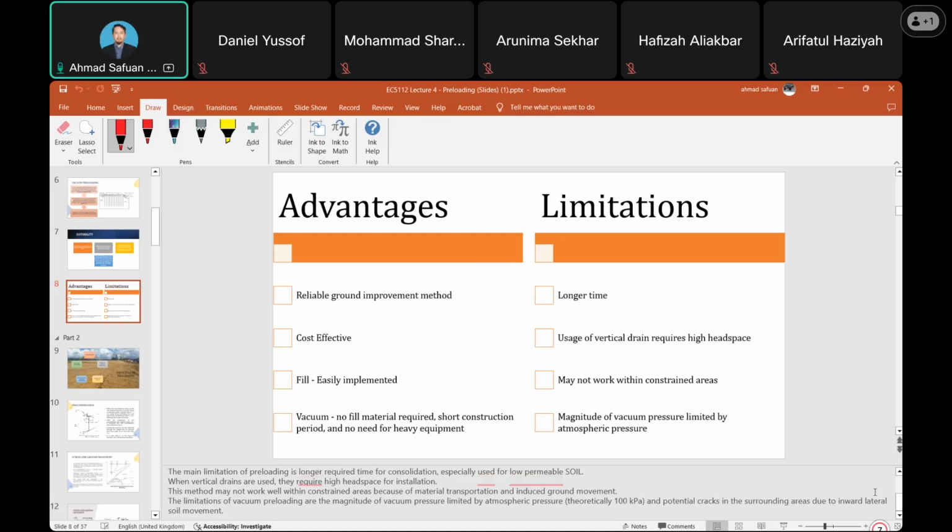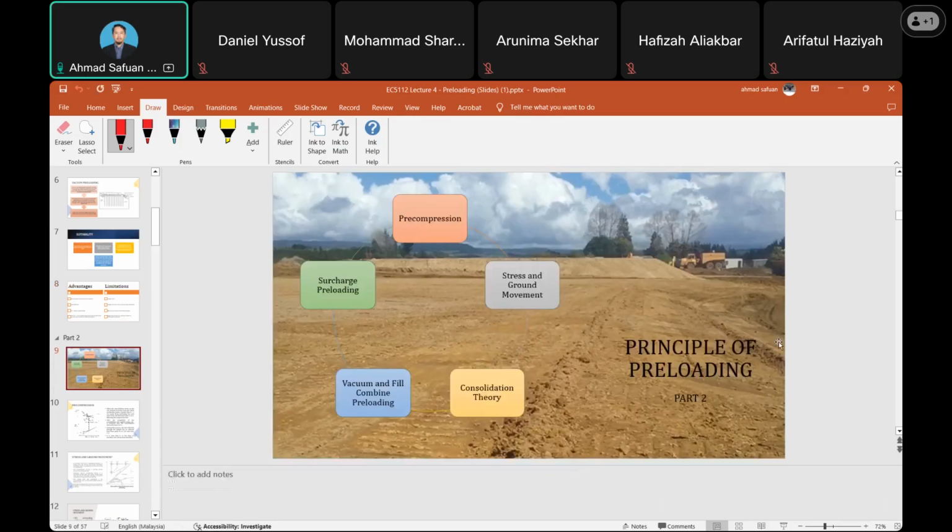As I mentioned before, if there are limitations, then there will be a combination of preloading, vacuum preloading, and the vertical drain methods. All right, so that is for the preloading methods.